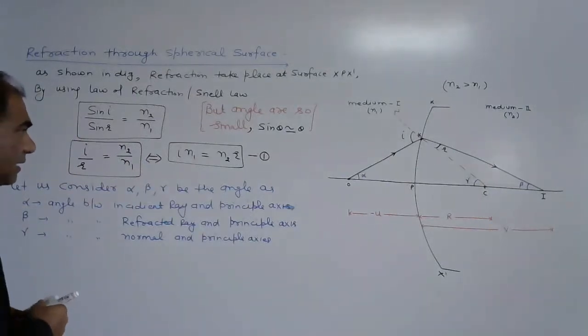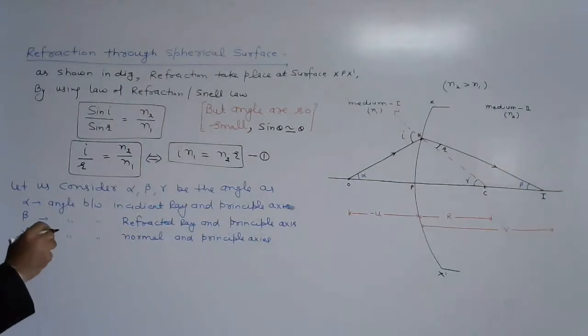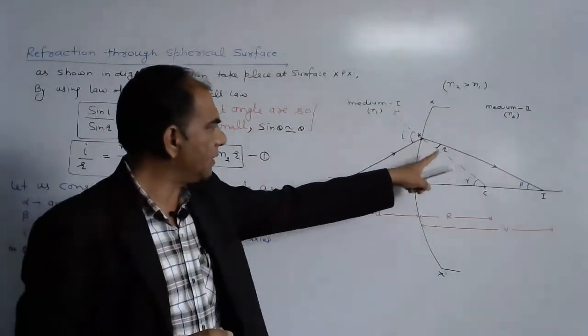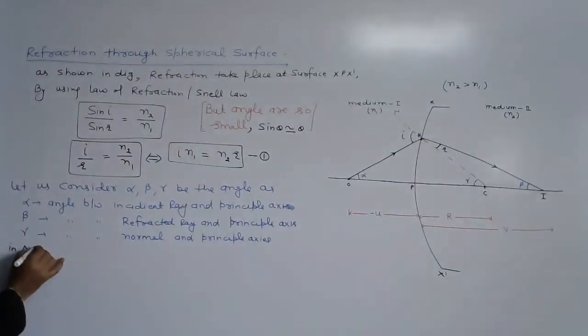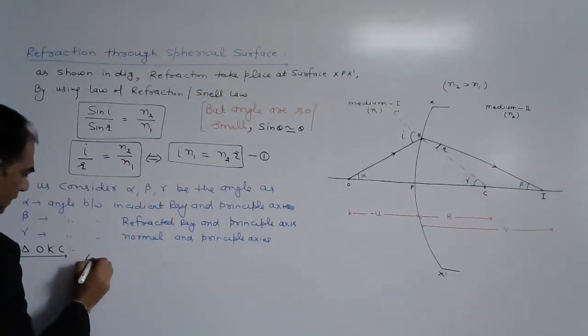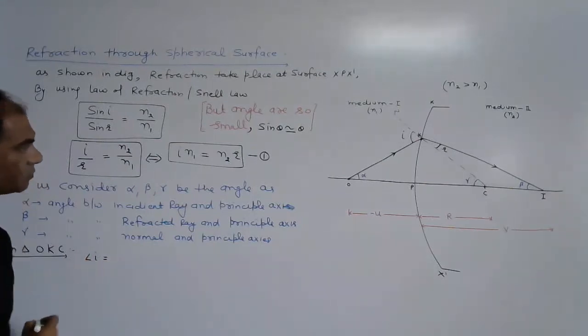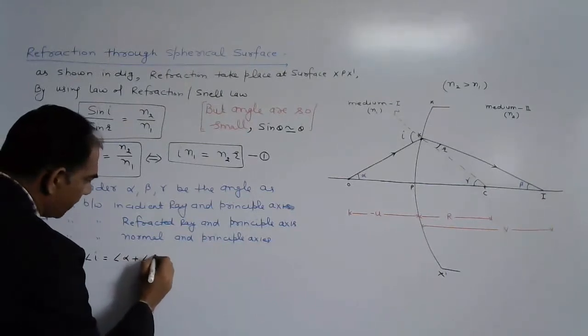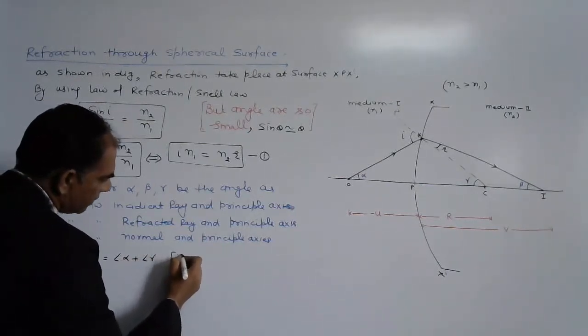With the help of geometry, in triangle OKC, we use geometry. Geometry is this: angle i is equal to angle alpha plus angle gamma.